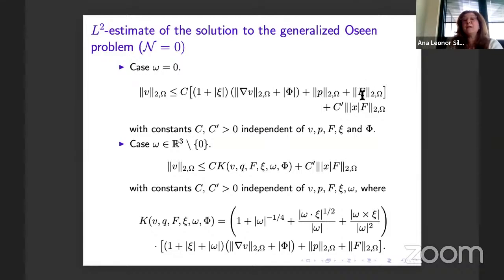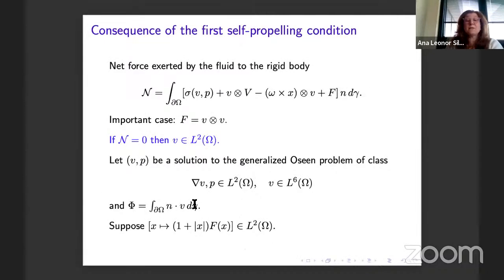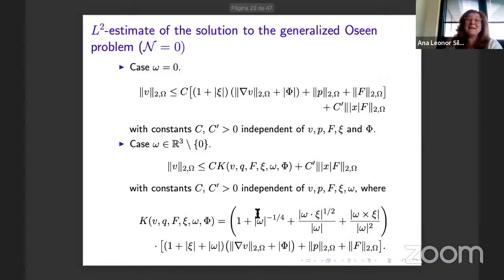And also we have here the external force, that then is going to be the nonlinear term of the Navier-Stokes equations. What we have here is the flux of the velocity on the boundary. This is a very technical result that we obtained by means of Fourier transform. First, we had to extend the problem to the whole space, and we were able to obtain these estimates.